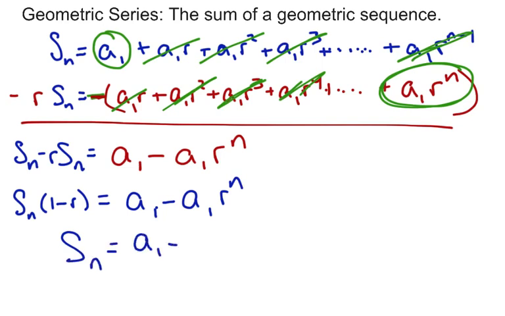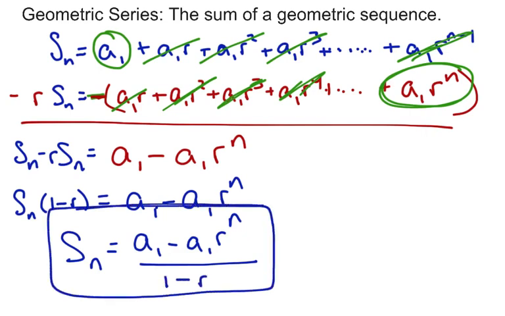So I'll have a1 minus a1 r to the n divided by 1 minus r. And this is going to be our formula that you should totally write down in your notes and refer to often for finding the sum of a finite geometric series.